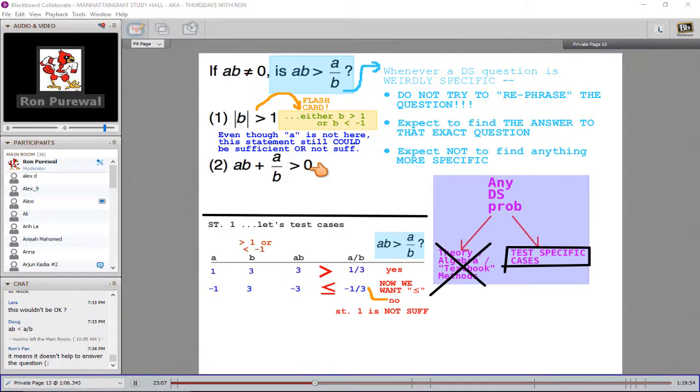So let's think about these things. We should be thinking about signs already, because from statement 1, we have this absolute value thing. Among other things, this should tell us we need to be thinking about signs in this problem.